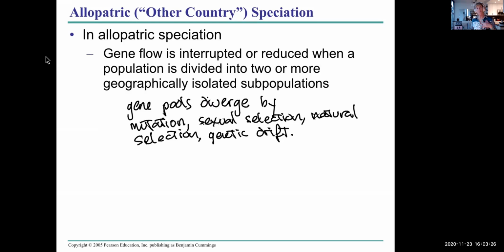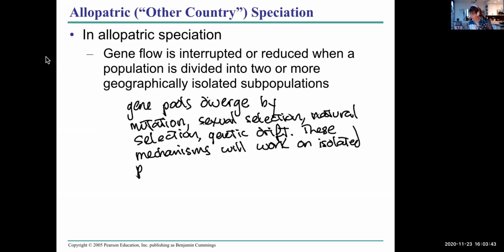So those mechanisms will work on these isolated populations with their own gene pool.